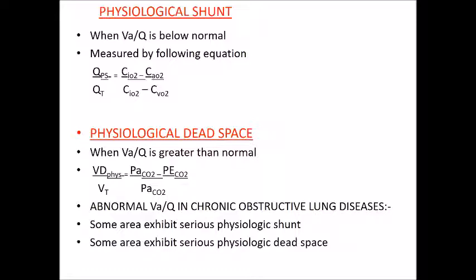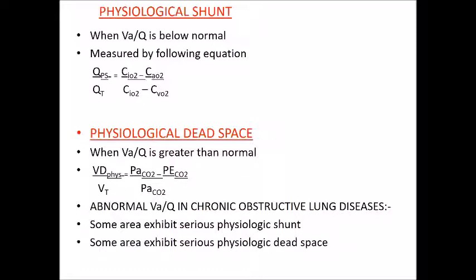Ventilation perfusion ratio is abnormal in chronic obstructive pulmonary diseases. Some parts of the lung will exhibit serious physiological shunt and some parts of the lung will exhibit serious physiological dead space.